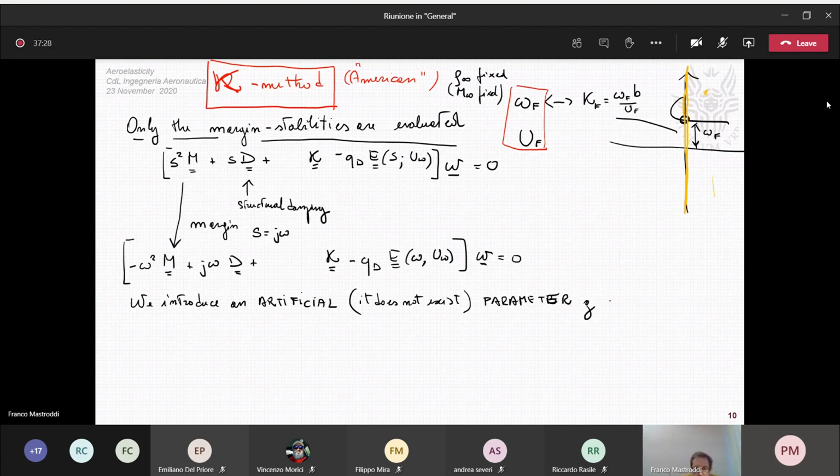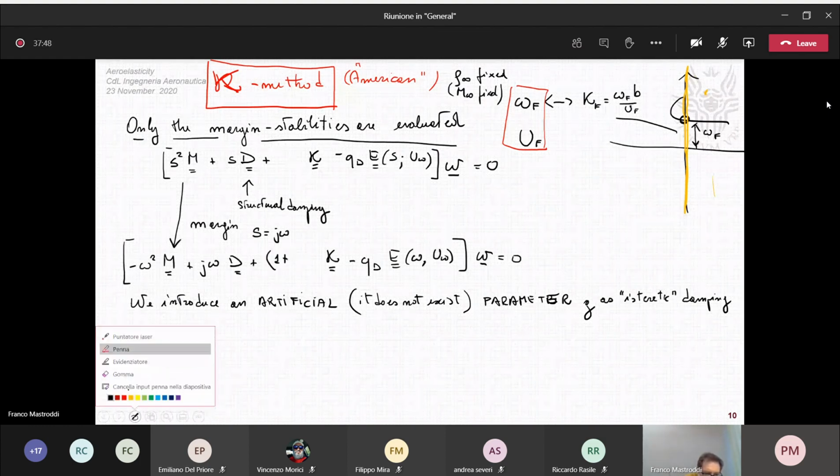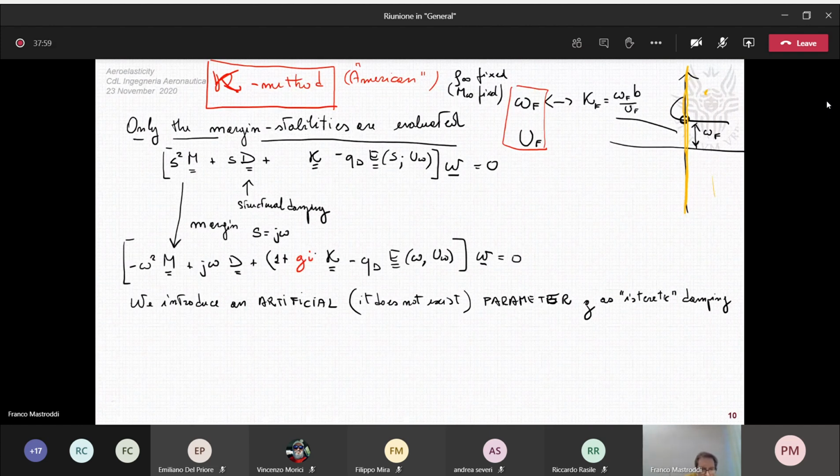G as hysteretic damping. So we want to consider here this artificial parameter in this way: 1 plus G by I. You know that this is something like damping, but this is a strange and also a wrong damping, because this is the imaginary unit.